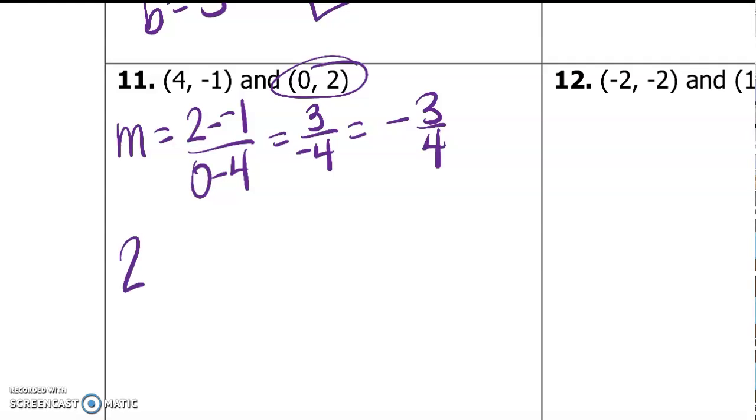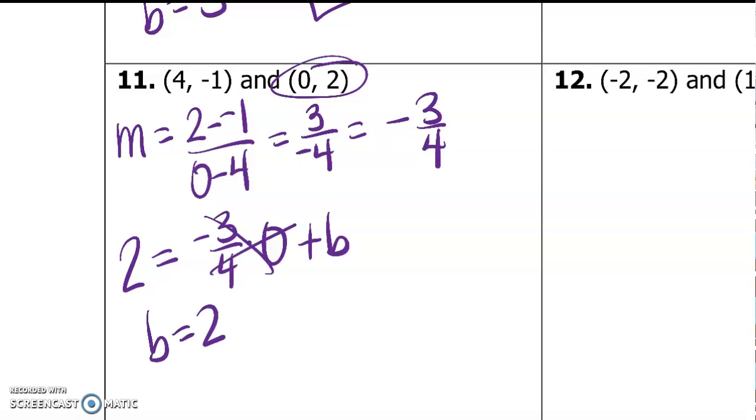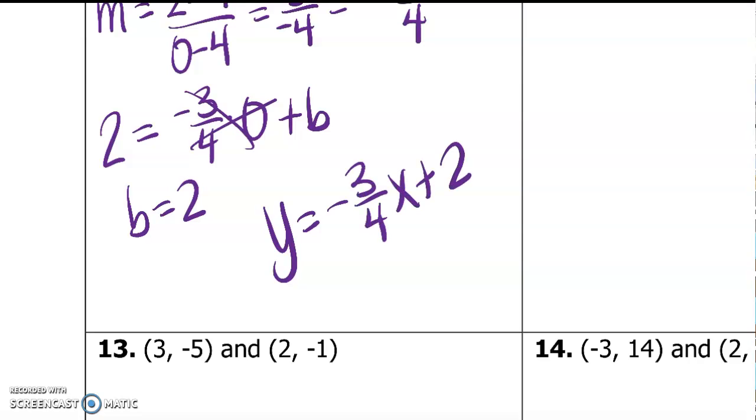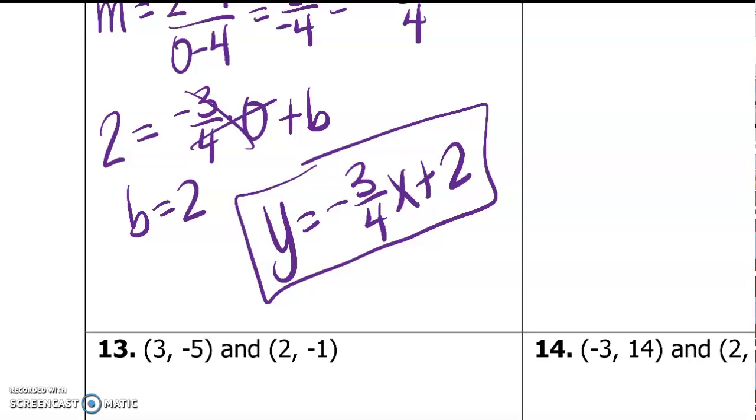If not, you're going to have 2 equals -3/4 times 0 plus b, so that goes away, b equals 2. So your final answer, y equals -3/4 x plus 2. Again, when writing your final answer, make sure your negative sign is either up with the 3 or out in front of the fraction bar.